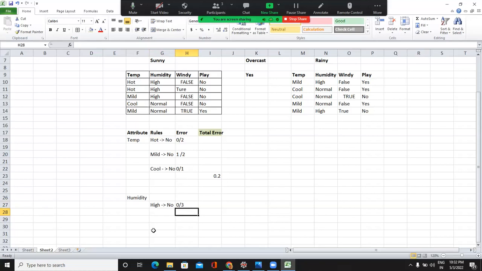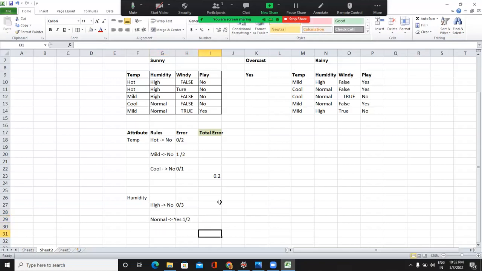Then the other possibility is normal. What should be the rule? Okay, 50-50. Once it is yes, once it is no. Yes, we have been taking no all the time in a tie. Let us take yes this time. So we will be wrong once.